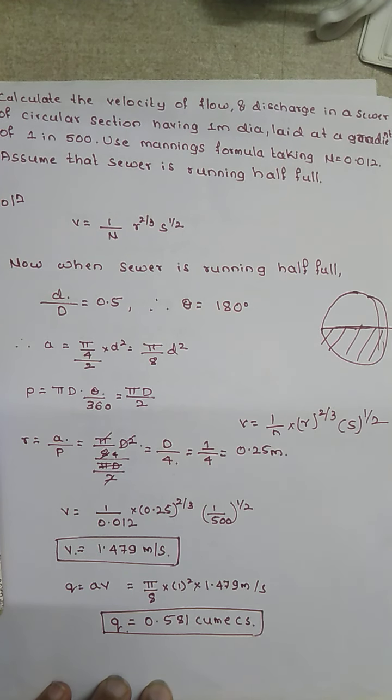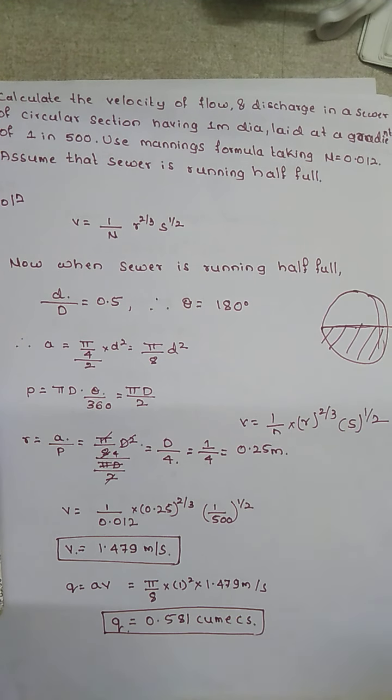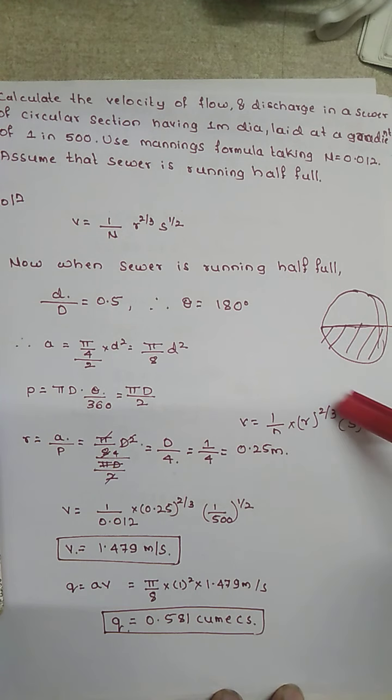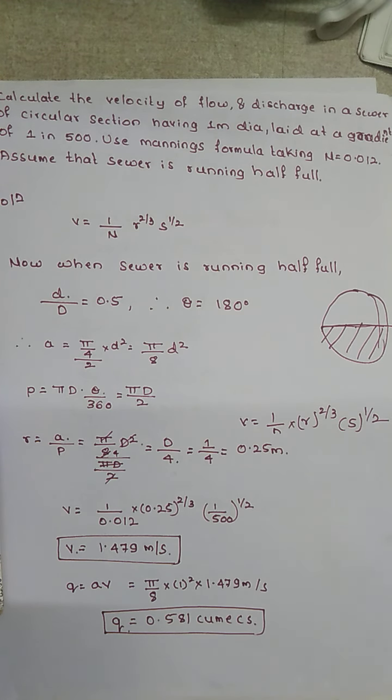0.581 Qmax. So in this problem what has been asked is to determine the velocity of flow and the discharge, V and Q, when it is flowing under half full condition, and by using the different formulas that we have used, we have solved the problem.